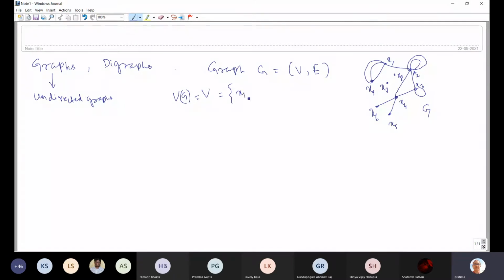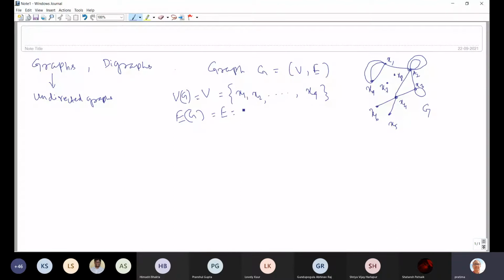In this example the vertex set consists of x1 up to x9. This is called the vertex set, and the edge set of the graph G is E(G), or simply E if there is no confusion.